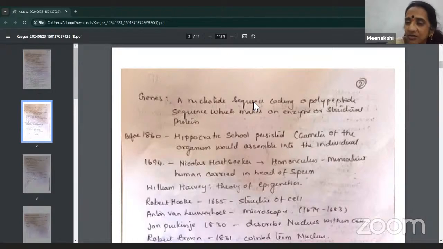AUG, UUG, UAG, all these combinations will form a set of genes, and genes are represented by the genetic code. We know that it is a three-codon code, and these are coding for an amino acid. The sequence of amino acids will be considered a gene. So it is a nucleotide sequence coding a polypeptide sequence. This is called a gene.